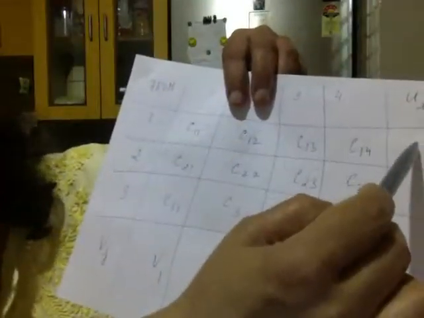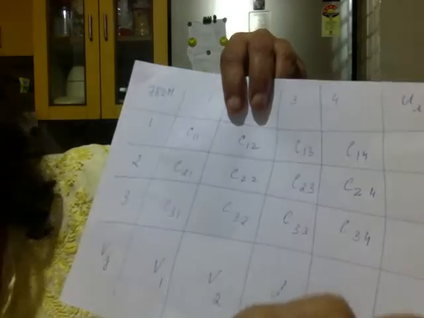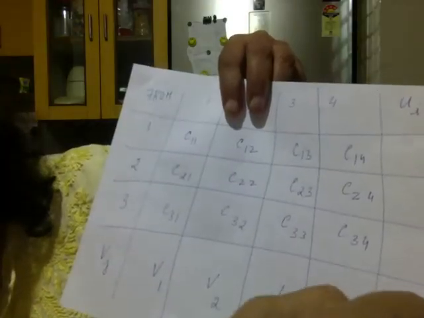Since in the first row, it will be U1, U2, U3. Because we have 4 columns, we have V4. We have 3 rows, so you have only U1, U2 and U3. Leave the last one blank.